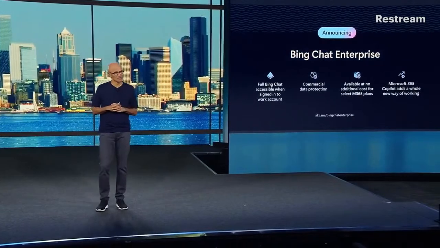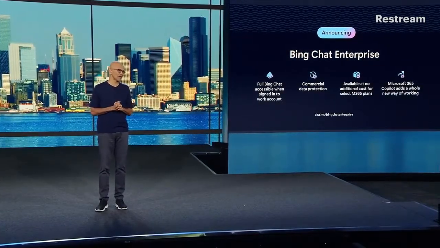There's no question we are in the midst of a massive platform shift with the new generation of AI that's going to transform pretty much every sector or every category of computing. I am really thrilled to be announcing Bing Chat Enterprise. This is the moment, in some sense, that every CIO, CISO, business user has been waiting for.